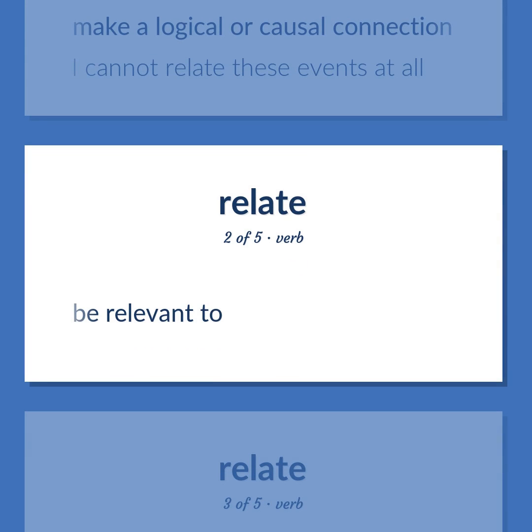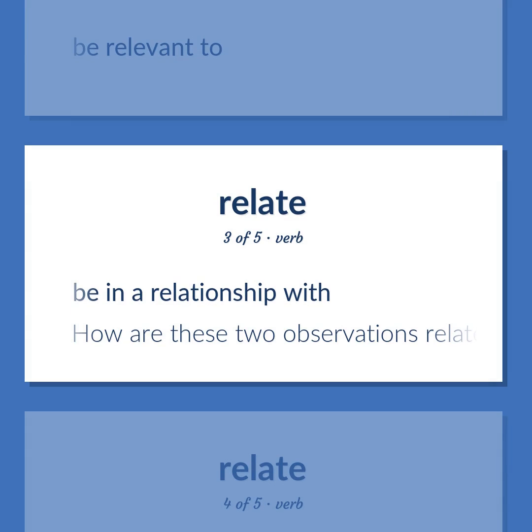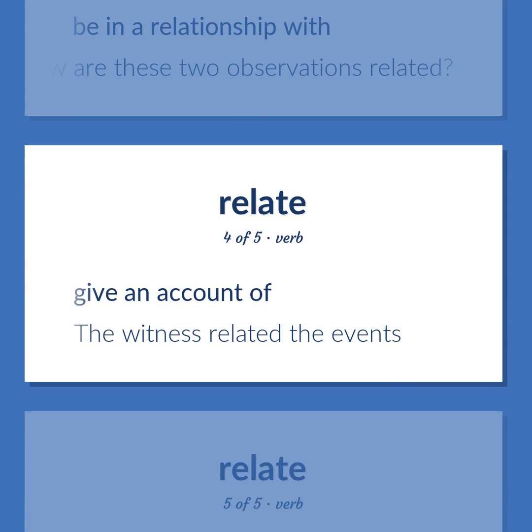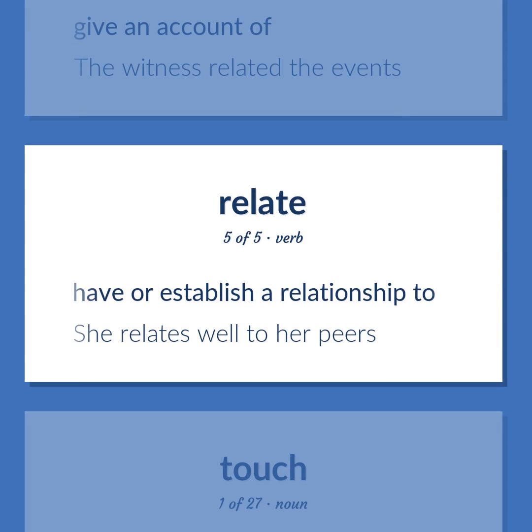Be relevant to. Be in a relationship with. How are these two observations related? Give an account of. The witness related the events. Have or establish a relationship to. She relates well to her peers.